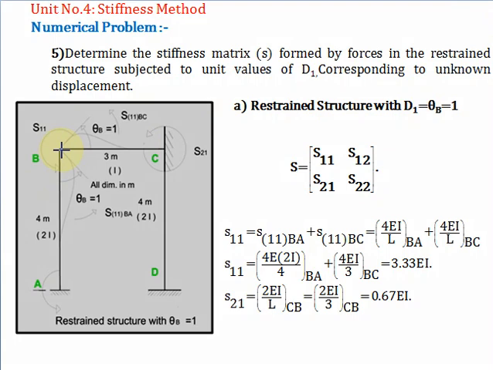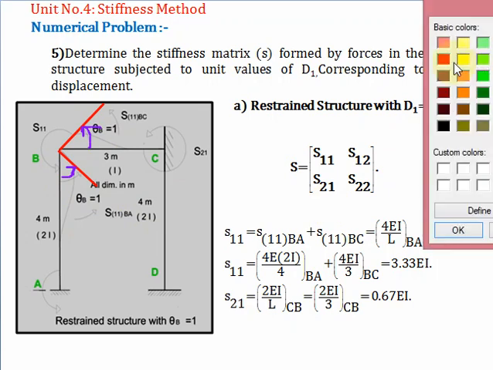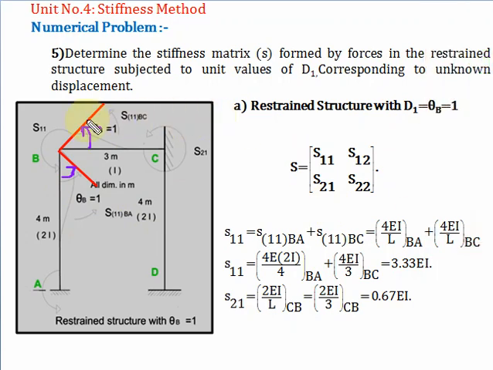The first unknown is rotation at B. So there we are going to apply the unit rotation, and it is applied in anti-clockwise direction. Okay. Now when the unit rotation is applied, what will happen? The moment will be induced, and that moment will also be induced in anti-clockwise direction.